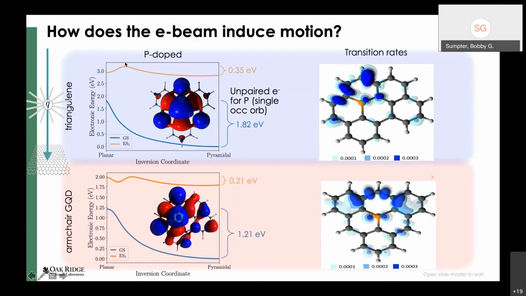So that's where the calculations and theory come into play. We have a model which says that we have an accelerated electron beam that impinges onto a graphene surface. And so we can do a calculation that lets us look into what sort of energy landscape these carbon atoms see before and after an electron beam is passed through.